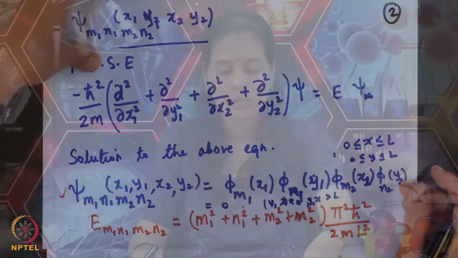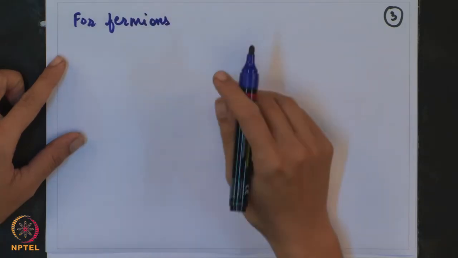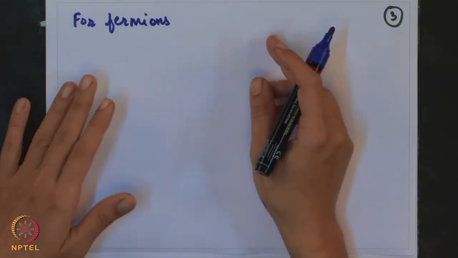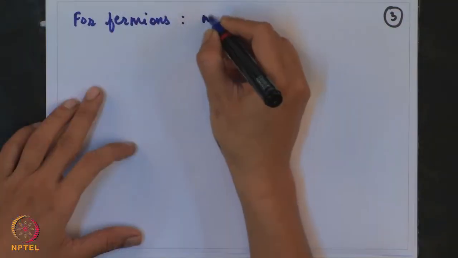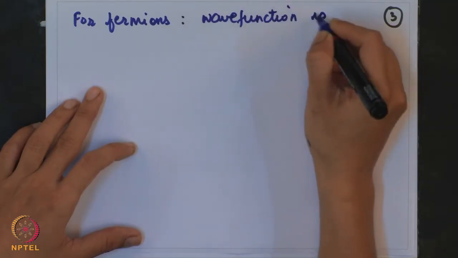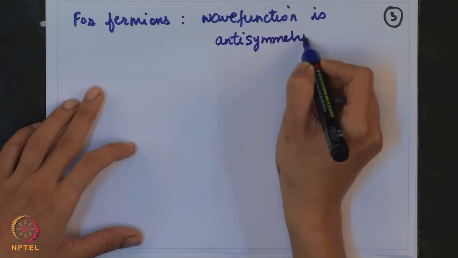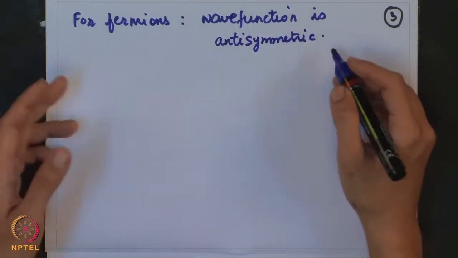Now, for the case of fermions, as you have seen in the lecture already, the wave function should be antisymmetric, like an odd function, under exchange of particles.